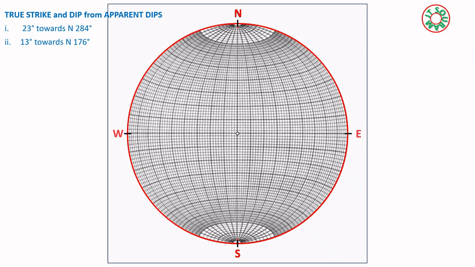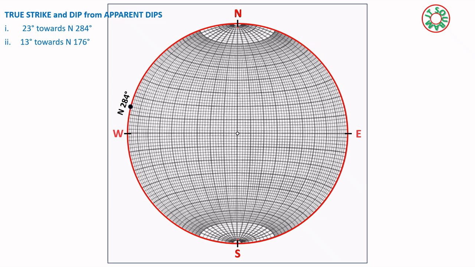First, let us plot the first apparent dip, which is 23 degrees towards north 284 degrees. Locate the direction north 284 degrees on the primitive circle by counting clockwise from the true north. This direction lies in the northwest quadrant.